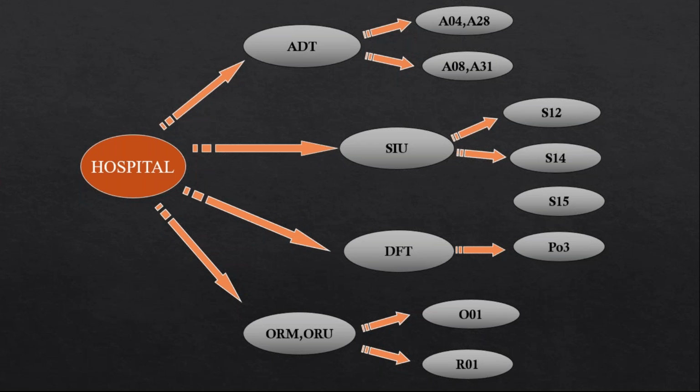But most of the time that may or may not be present. It's about the preference of the system, whoever is implementing it. Few people use ADT A04. From my experience, I've seen few people using A04 and few people using A28 to represent a new patient registration message.